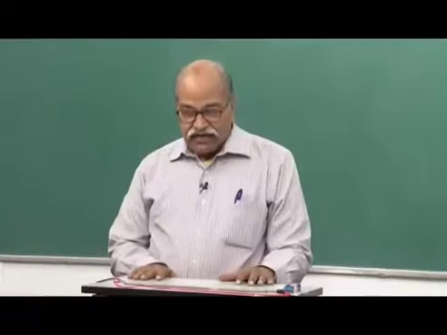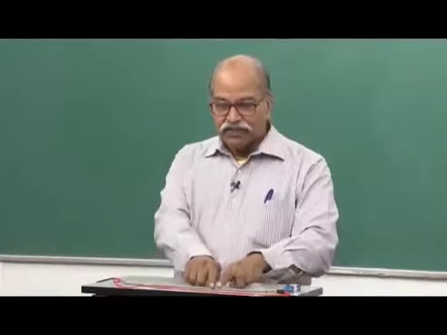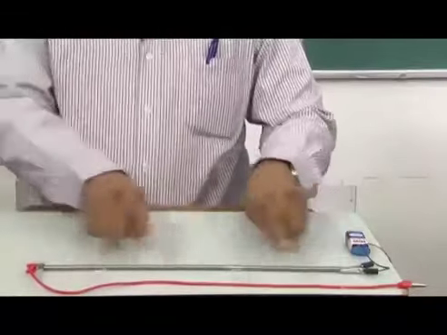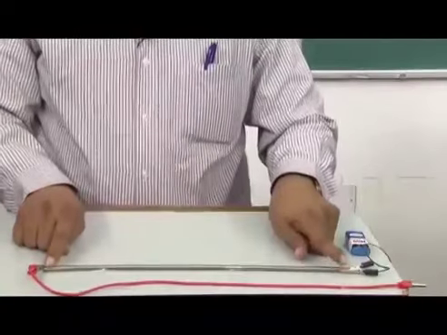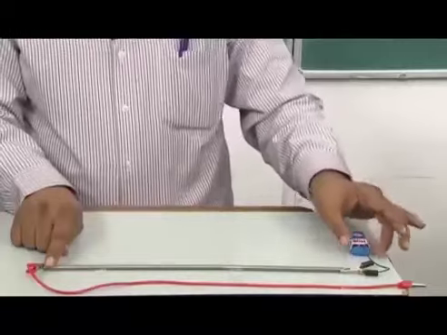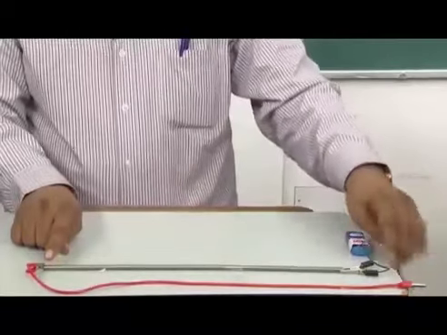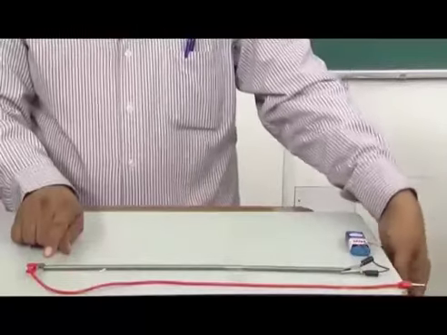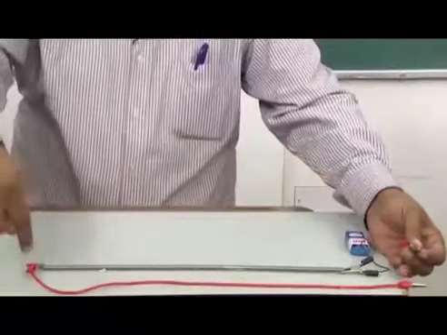Here I have a setup in which this is a heater coil, which I will be using as an extended resistance, and on this heater coil I will be putting this 9 volt battery. So, one end of the battery is connected here, and the other end of the battery I will be connecting here.